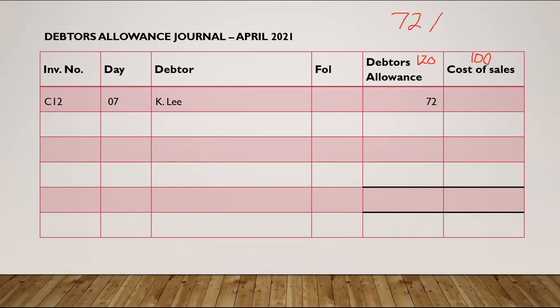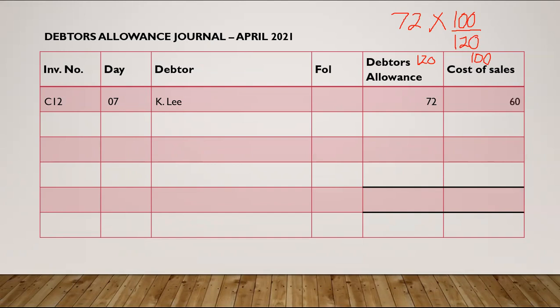We want the 100, which is the cost of sales. So you will multiply that by 100 and divide it by 120 because that is the selling price. The fact that it is the selling price means that it is already at 120%.